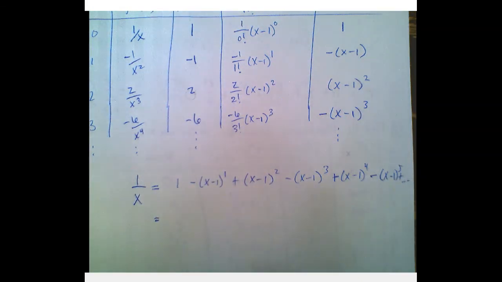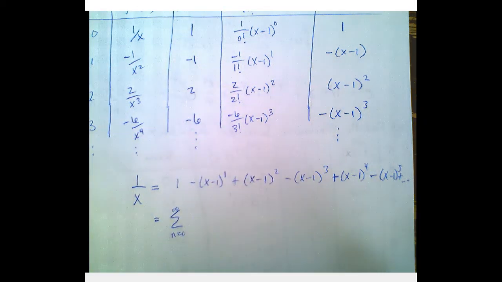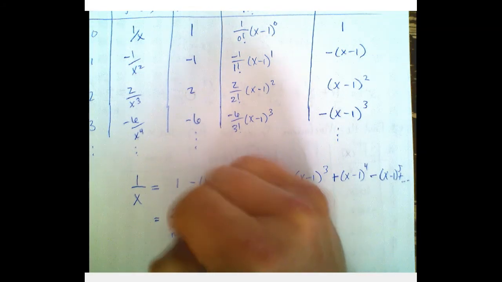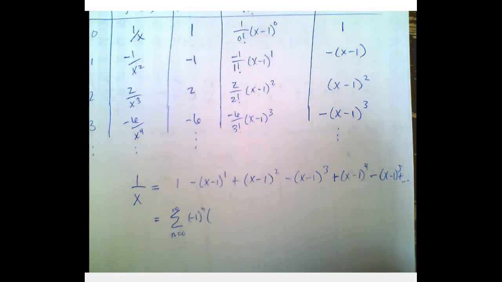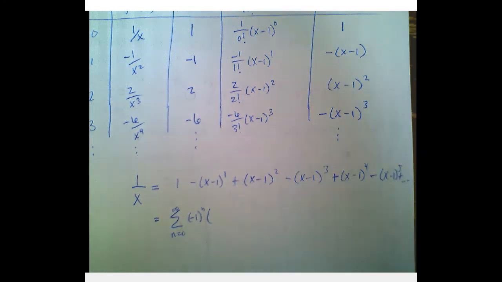So if we collapse this into a sigma notation here, let's say n goes from 0 to infinity, we're going to have some alternation in the sign. First one's positive, so let's say negative 1 to the n. And then you can see all the terms are x minus 1 to the n power.